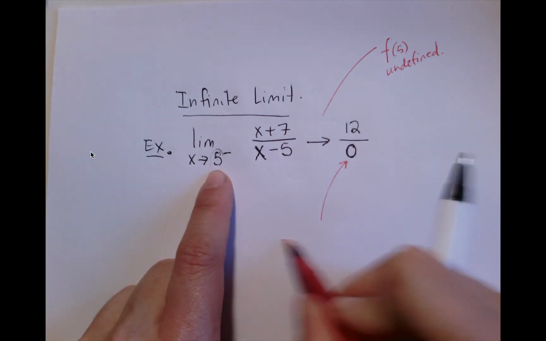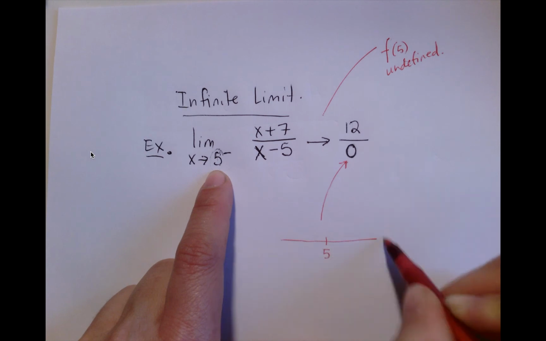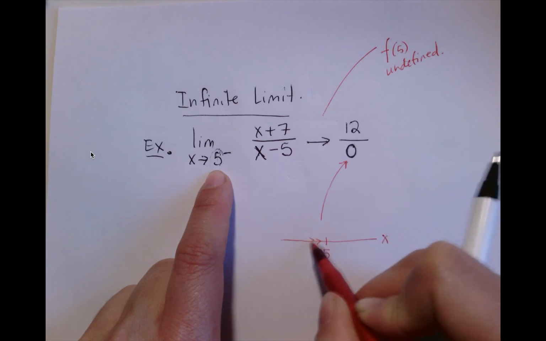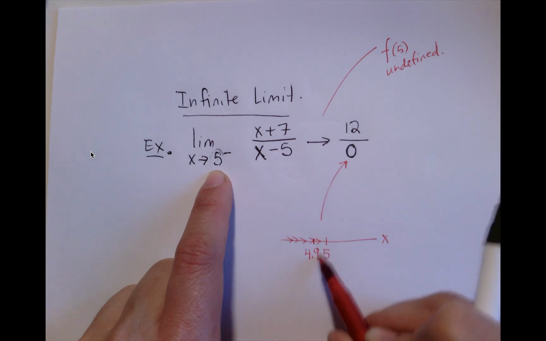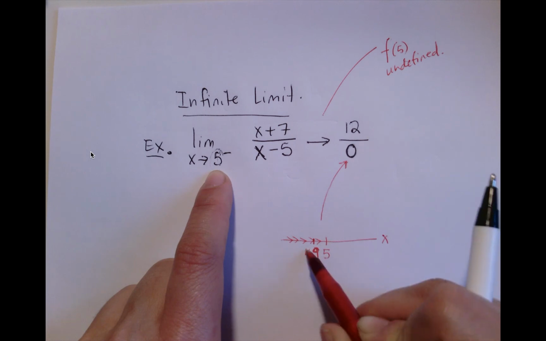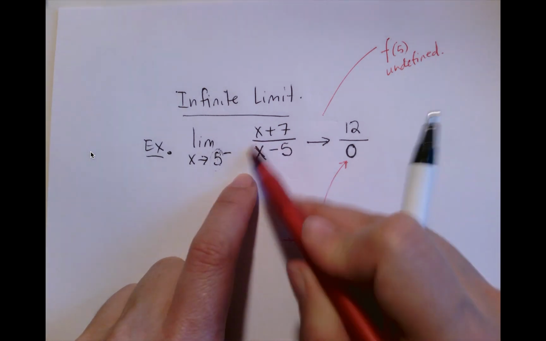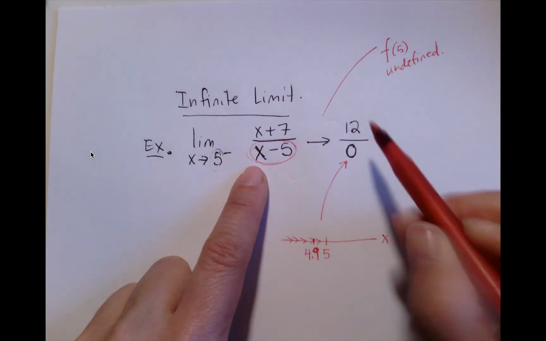But as I'm approaching 5 from the left, so let's say these are my x values, I'm approaching 5 from the left. So for instance, I might substitute 4.9, that's a nearby value. I notice that the denominator is not only tiny, but it's negative.